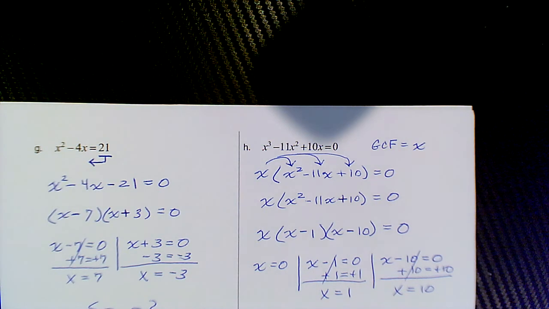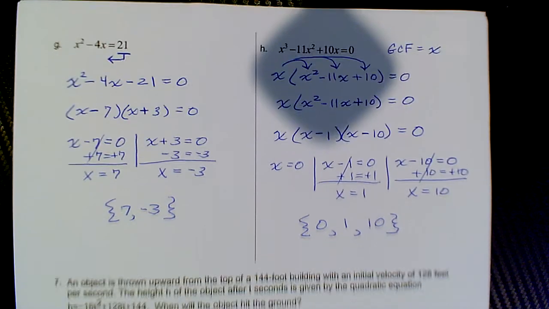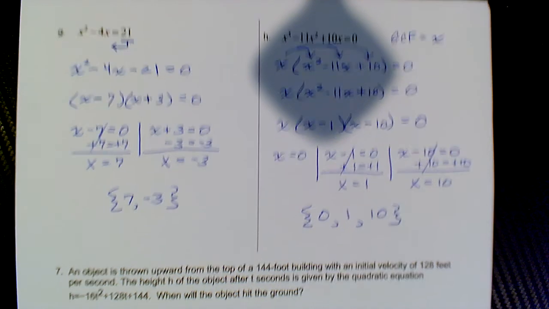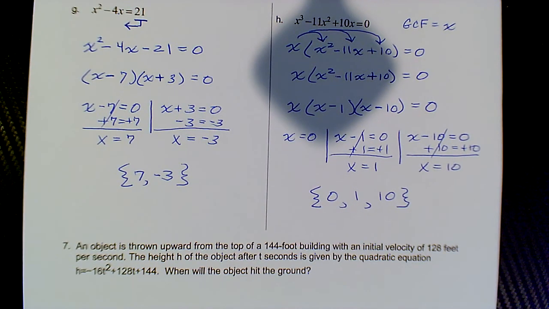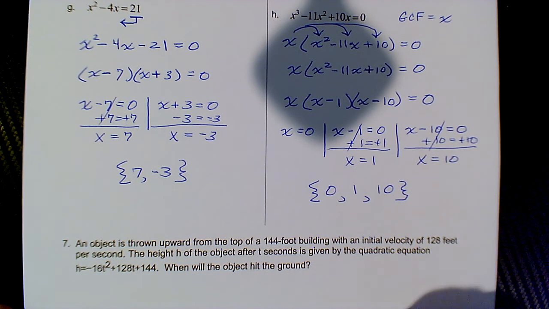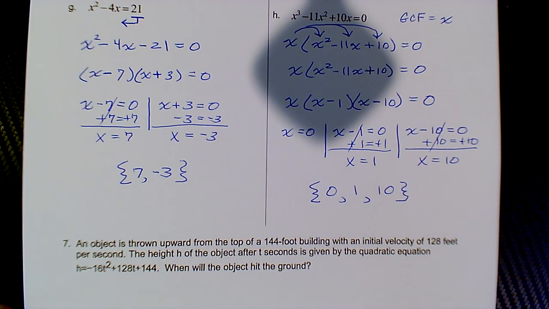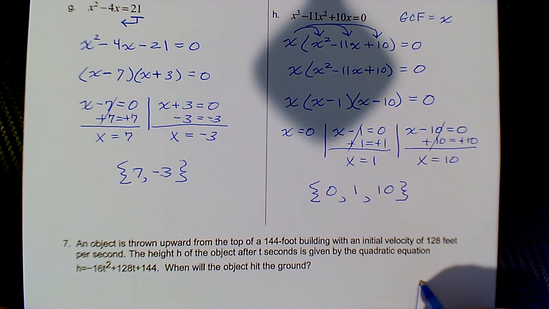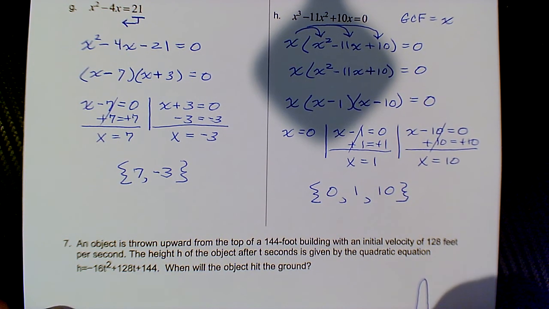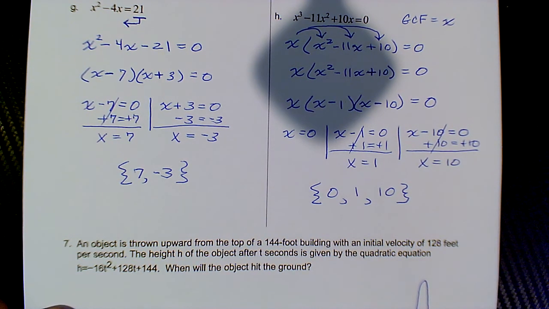And then finally the last problem, oops, sorry, I didn't see that at the end there. Last problem, a little word problem. You don't have to know the physics, but all you do have to know is the scenario of a building, let me just draw a little building here. Here's ground level, put a little door, a couple windows maybe. But I'm throwing a ball into the air or some object, goes into the air, reaches its high point, comes down, hits the ground.